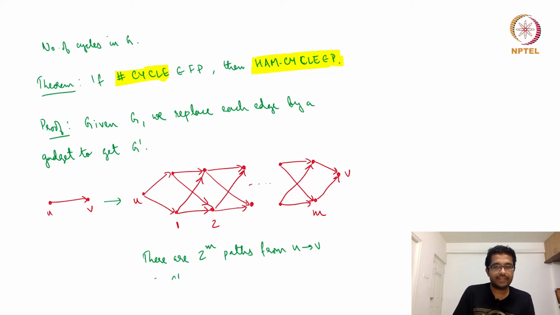Any cycle in G becomes a lot of cycles in G prime, and the bigger the cycle, the more cycles are produced in G prime. Hamiltonian cycle is the biggest possible cycle that we could have in G, so that results in a lot of cycles in G prime. In fact, the only way that we will have so many cycles in G prime is if G had a Hamiltonian cycle. So that will give us the equivalence.